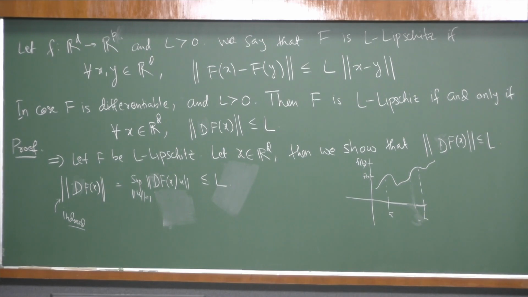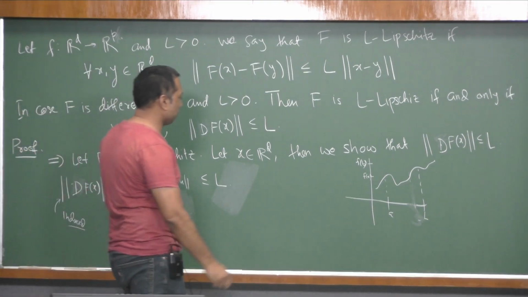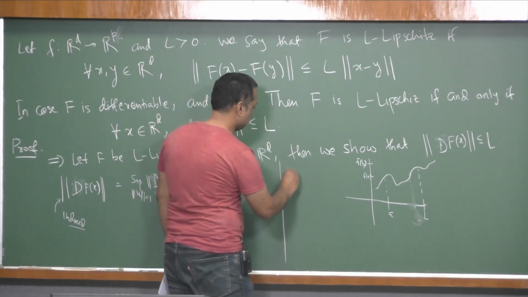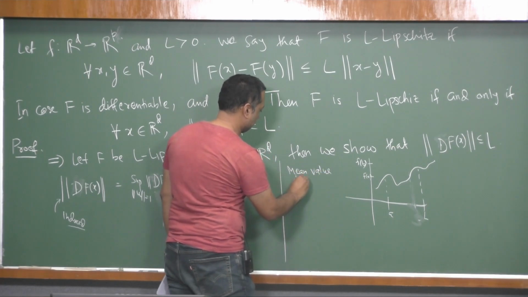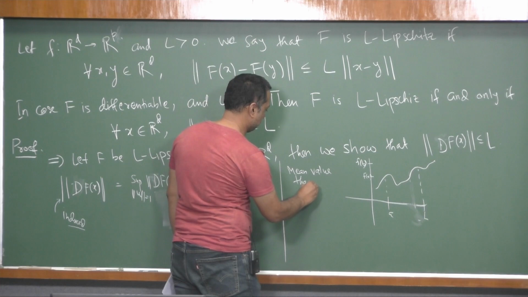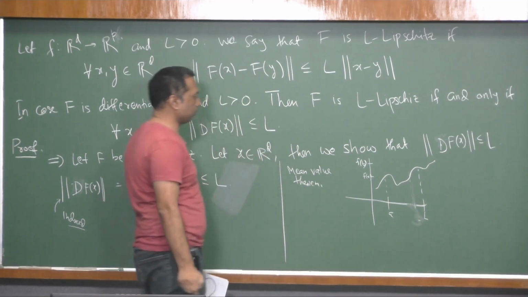f should be continuous for that to work. It's called the mean value theorem. There is a special case of it, Rolle's theorem.